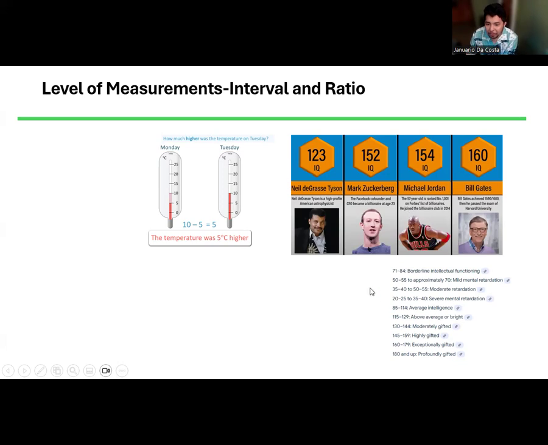An IQ of 115 or 125 is above average, and moderately gifted. Bill Gates at 160 is exceptionally gifted. So that is what you call interval data, or interval level of measurement.